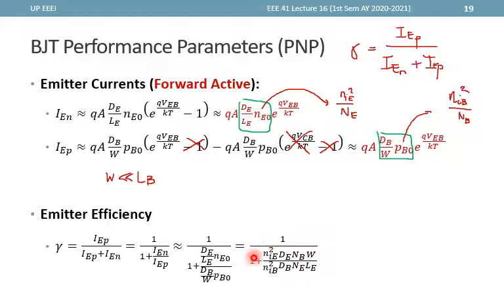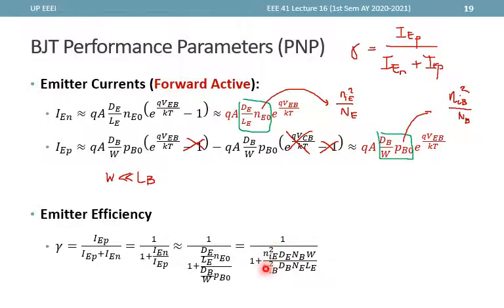And so we note here some of the things we can do to improve the emitter efficiency. So we need to make W smaller or much smaller than LE. Again, NE should be very high. We should have a high doping concentration at the emitter than at the base to get high emitter efficiency. And also we can choose a material that will give us a smaller NIE than NIB.